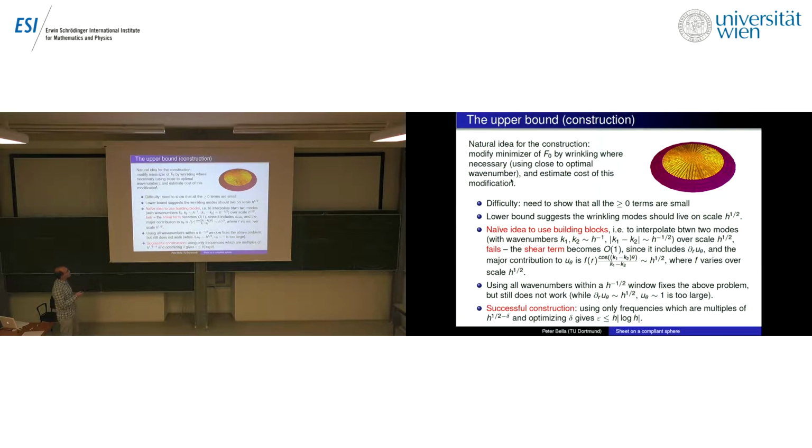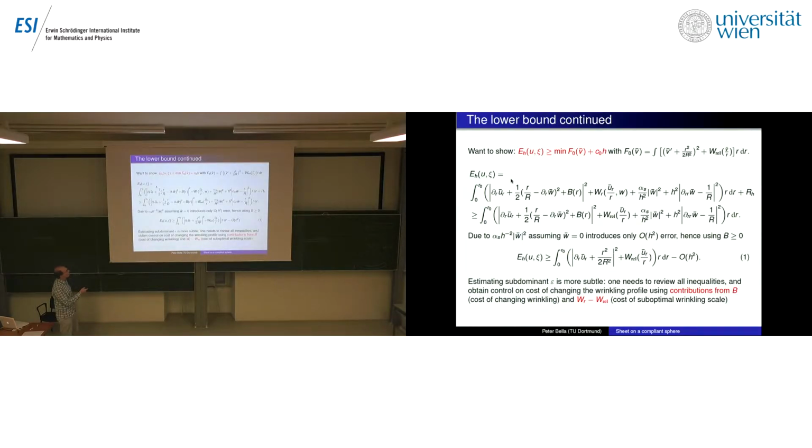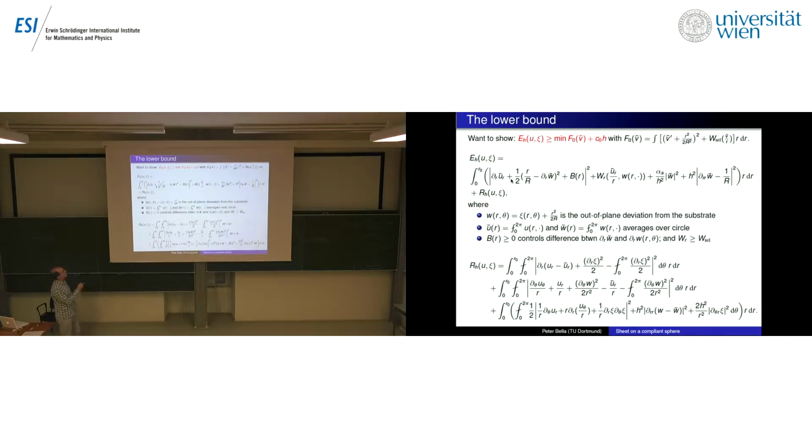One of the issues is that when I'm trying to do the upper bound, I need to show the other inequality, meaning I need to show that the real energy is well approximated by this, and on top of it, all these non-negative terms which we threw away in the lower bound, we now need to argue they are harmless.